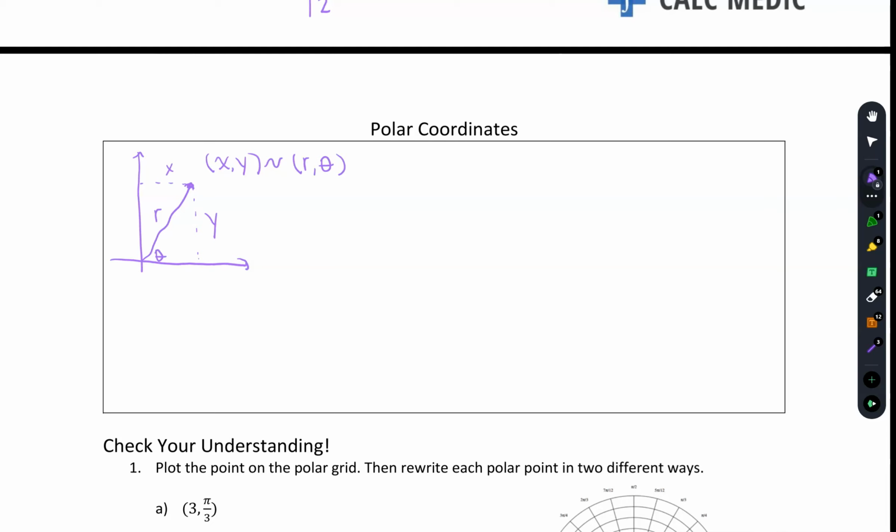Right. If the points (r, theta 1) and (negative r, theta 2) have the same location on the polar grid, what can you conclude about theta 1 and theta 2? So theta 1 and theta 2 must be 180 degrees or pi radians apart.